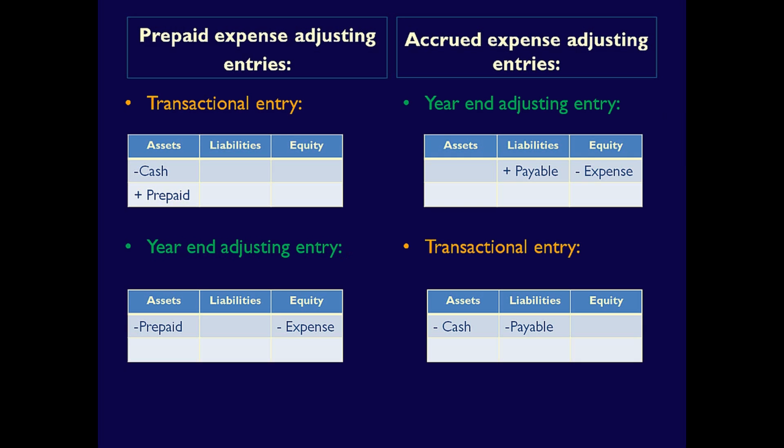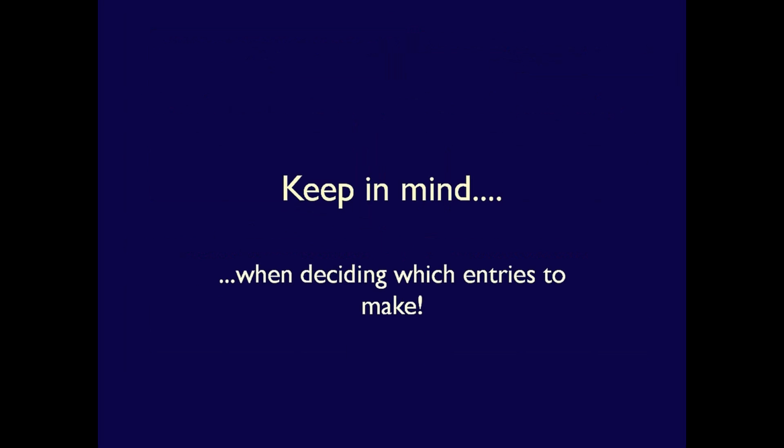Both of these have transactional entries and adjusting entries. Both adjusting entries happen at year end, but the prepaid has a transactional entry first, whereas the accrued expense has a transactional entry last, in the year following the adjusting entry. Keep this in mind when you're working on adjusting entries and trying to decide what entries to make first.